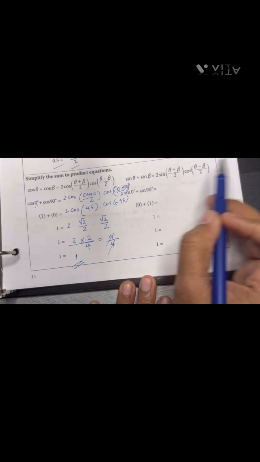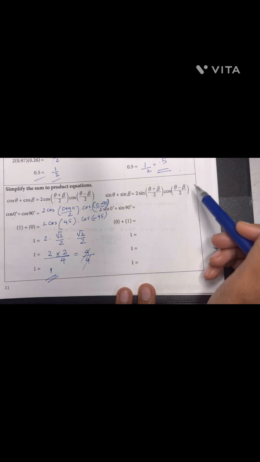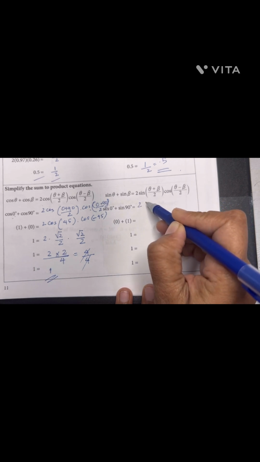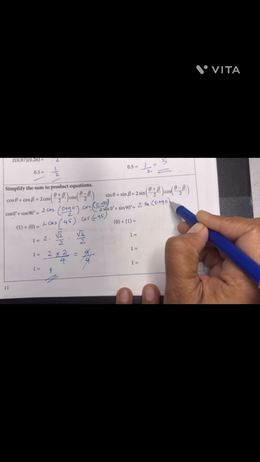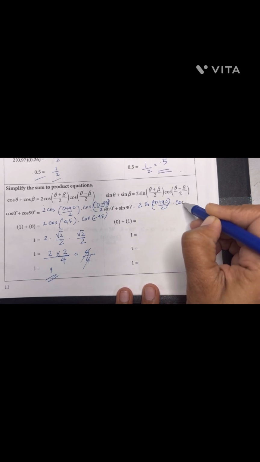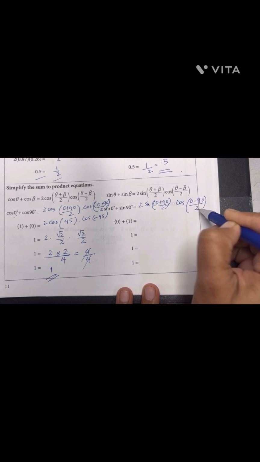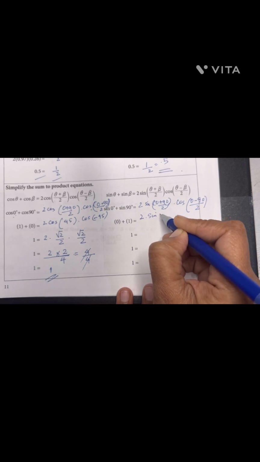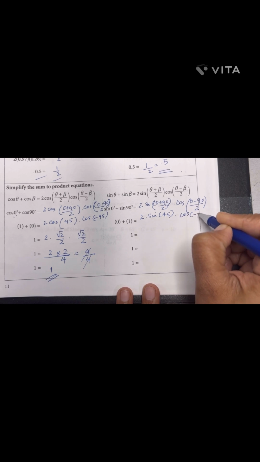Sine theta plus sine beta equals 2 sine of theta plus beta over 2 times cos of theta minus beta over 2. Okay. Sine 0 plus sine 90 equals 2 sine, my theta is 0 plus 90 over 2 times cos of 0 minus 90 over 2. So 2 times sine 45 times cos of negative 45.